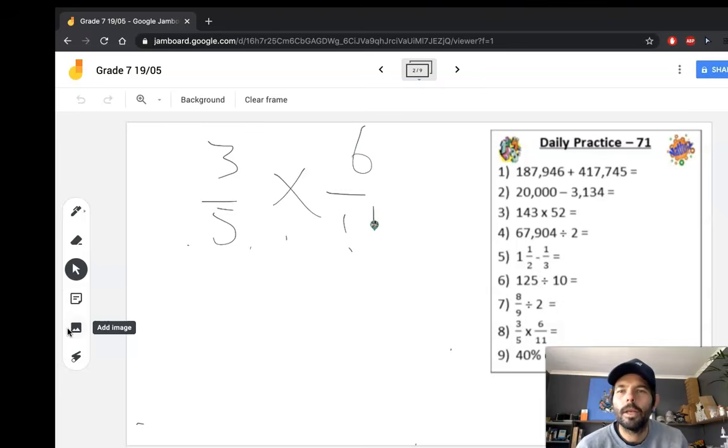Okay, now I can't do any diagonal cancelling out here, so I'm going to go 3 times 6 is 18 over 5 times 11, which is 55. One's odd, one's even, so they can't be divided by 2, can't both be divided by 3, they can't both be divided by 4 or 5 or 6 or 7, so they're already in their simplest form.